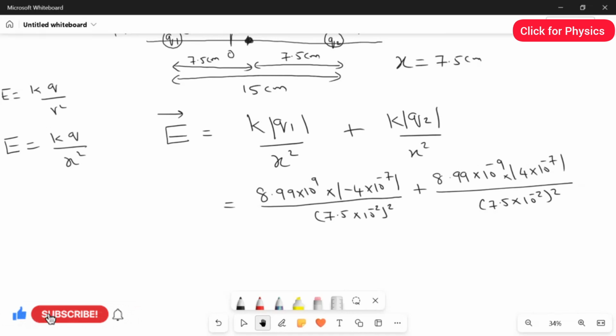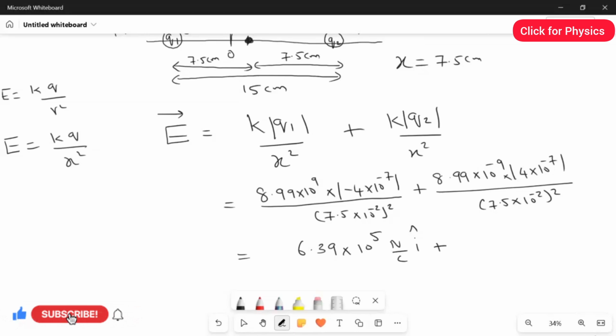So here I got the answer as 6.39 multiply 10 power +5, and the unit for the electric field is Newton per coulomb, and its direction is x-axis. So in terms of unit vector notation, I have to mention i cap.